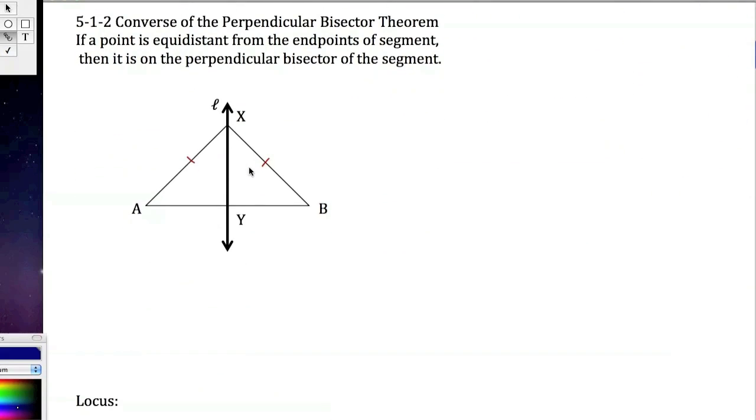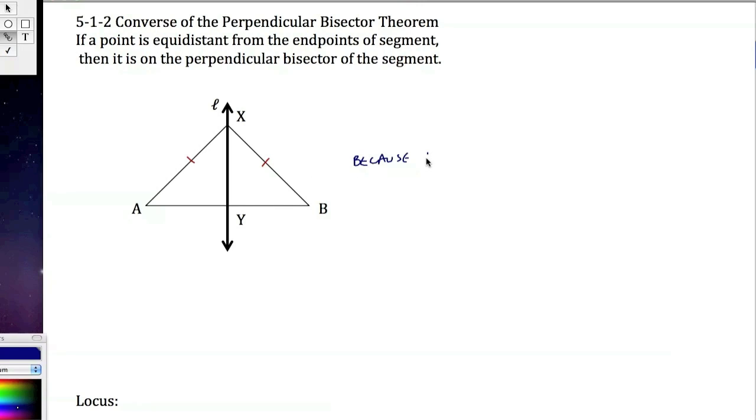The converse says this: if a point is equidistant from the endpoints of the segment, meaning X is equidistant from A and equidistant from B, then we can say that XY is perpendicular to and bisects AB.